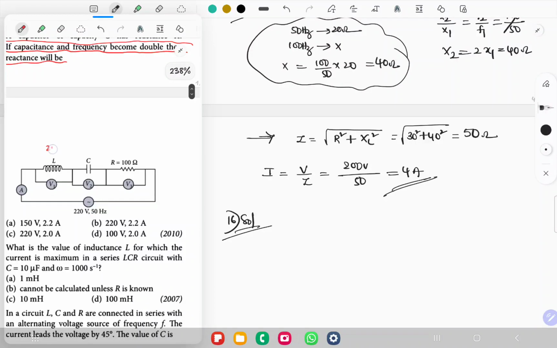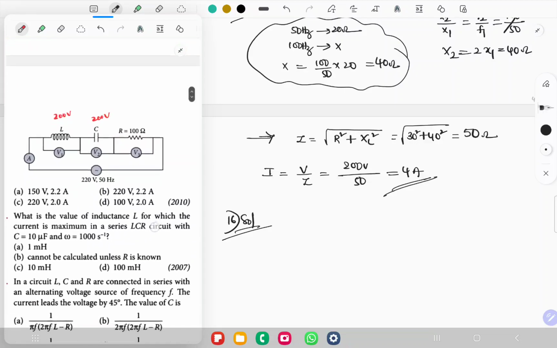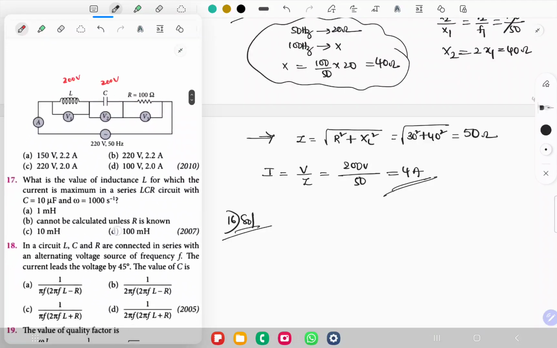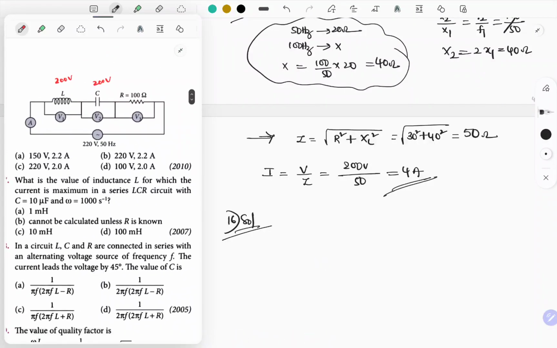The question is asking, what are the voltage reading of V3 and the current? So when VL is equal to VC, it means the circuit is under resonance. It means inductor and capacitor are replaced with a simple short circuit, so no need to consider them.